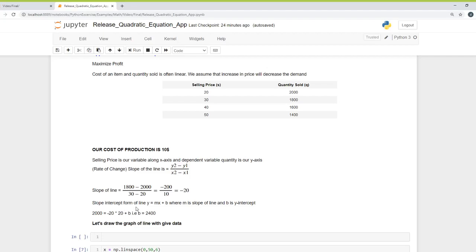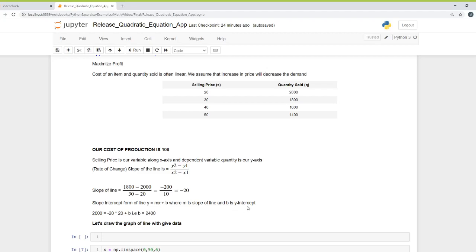The slope-intercept form of a line is y equals mx plus b, where m is the slope of the line and b is the y-intercept. In our case, quantity sold, that is y, that is Q, is equal to 2000, slope is -20, and our x value, that is selling price along the x-axis, is 20, plus b.